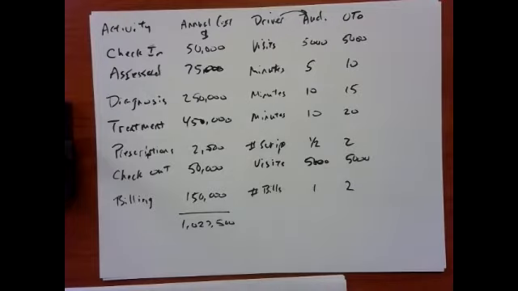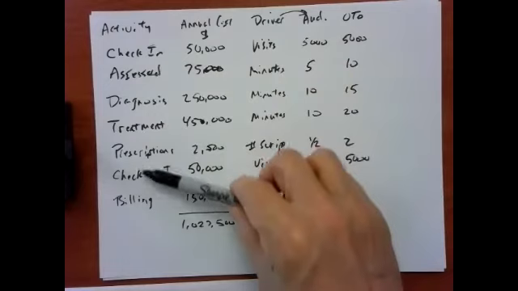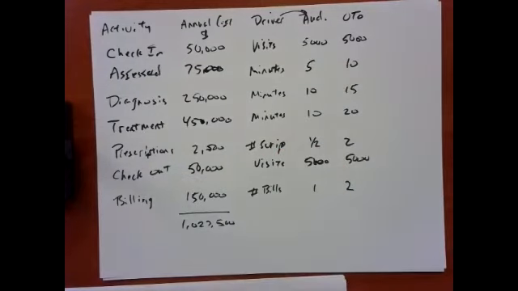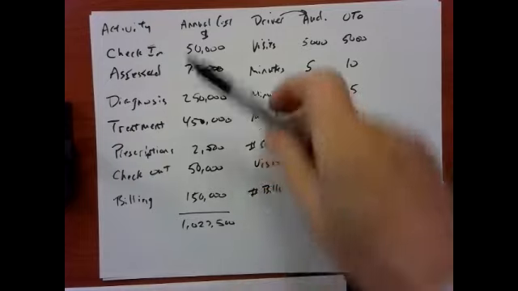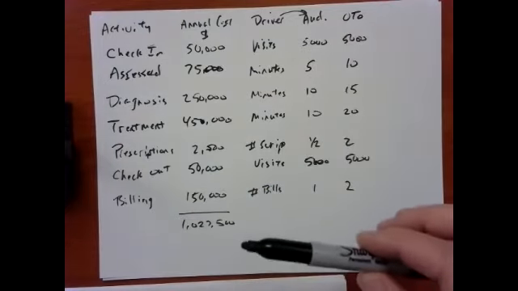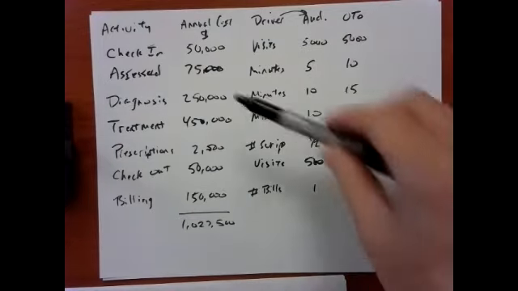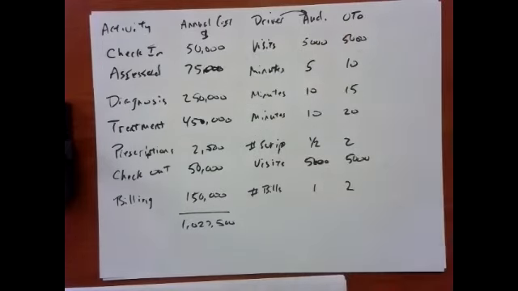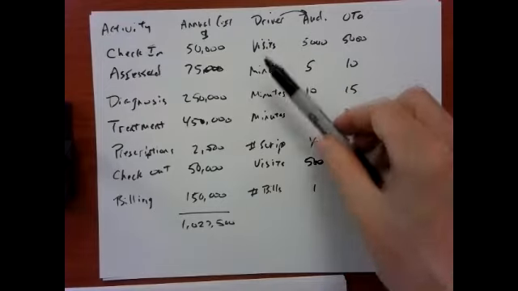So we're basically going to do 1, 2, 3, 4, 5, 6, 7 of the problems like we saw in the previous chapter, or even like we did earlier in the chapter. So these annual costs become step 1, the cost pool. Our first cost pool is going to be check-in. Then we need to come up with a cost driver for check-in. We said it's going to be visits.